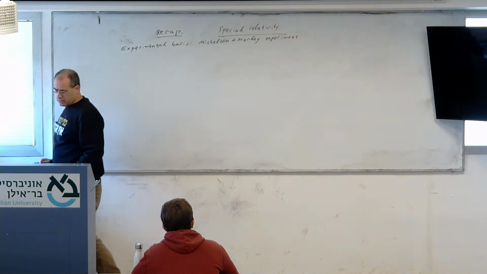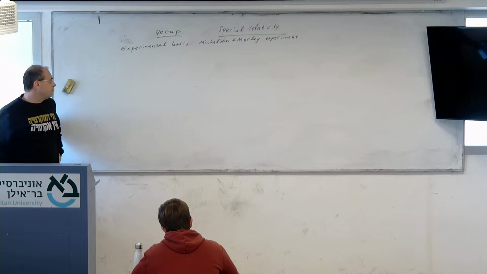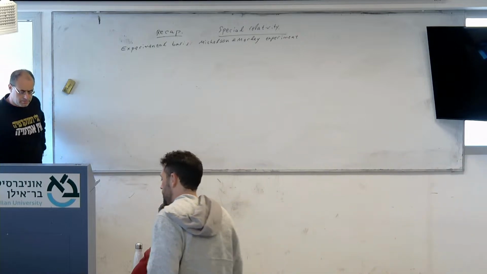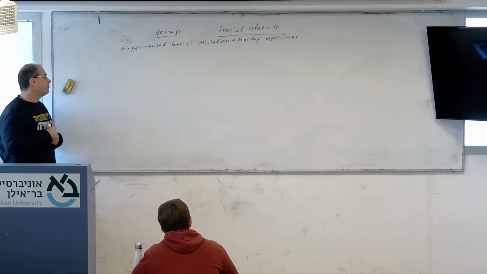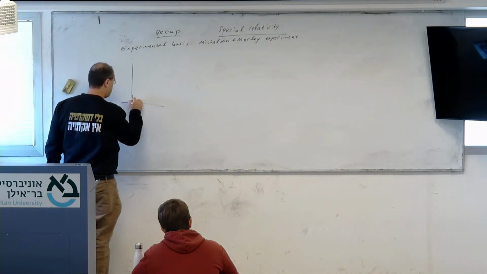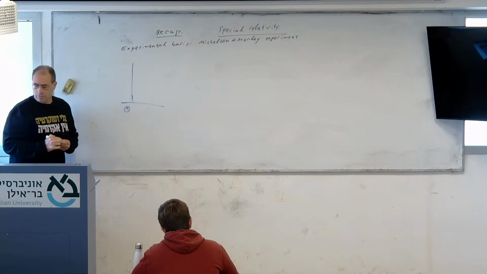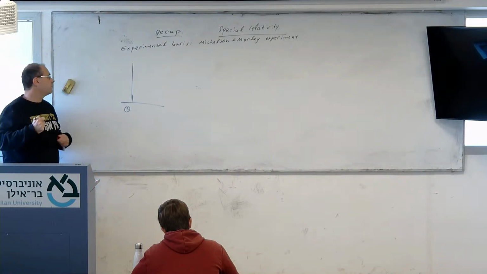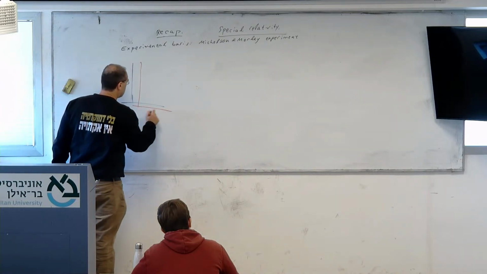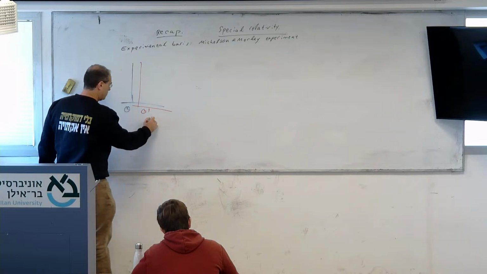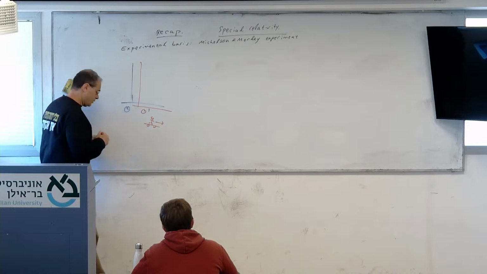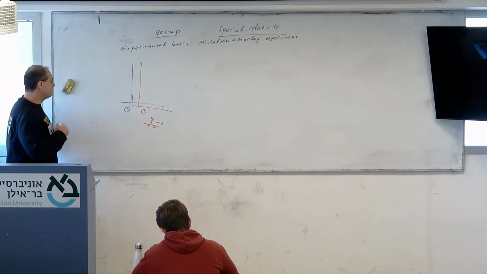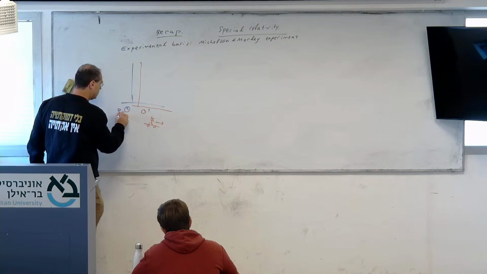And we said that based on that, if we have two observers, one in the O frame, another one in the O prime frame, both of them are in inertial reference frames, but not the same frame.